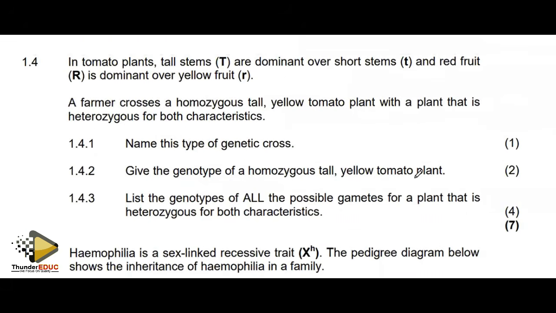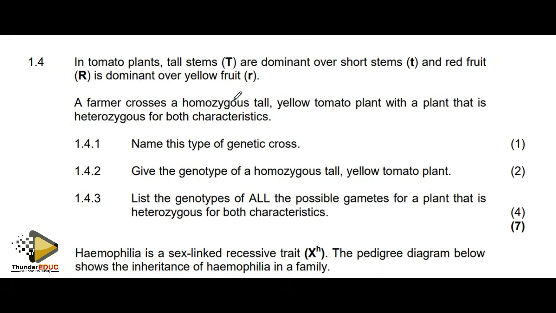In tomato plants, tall stems are dominant over short stems, and red fruits are dominant over yellow fruits. A farmer crosses a homozygous tall plant, so it's going to be capital T, with yellow.